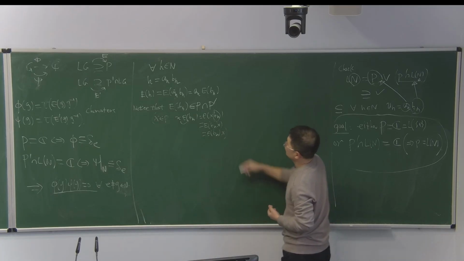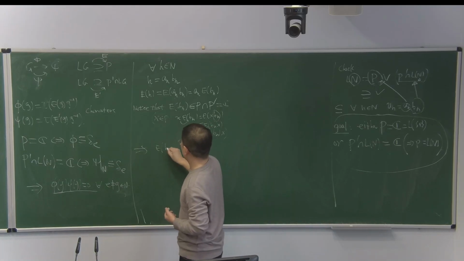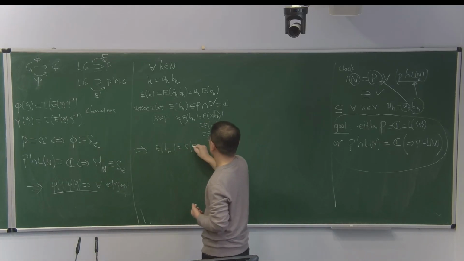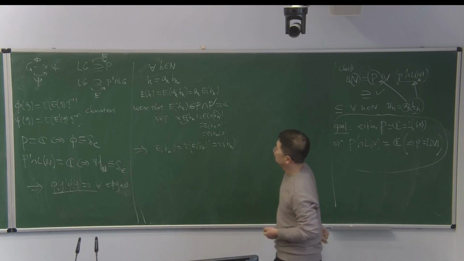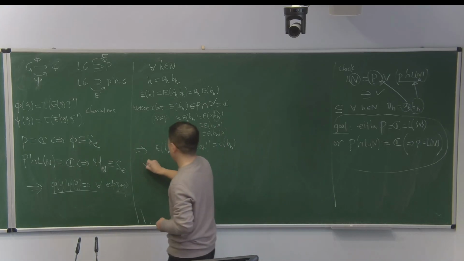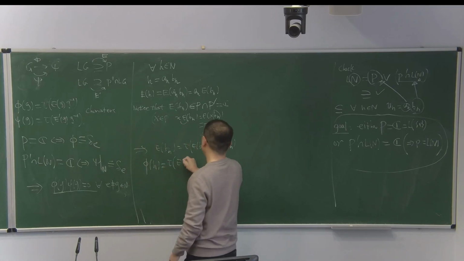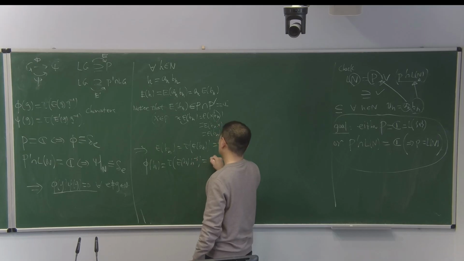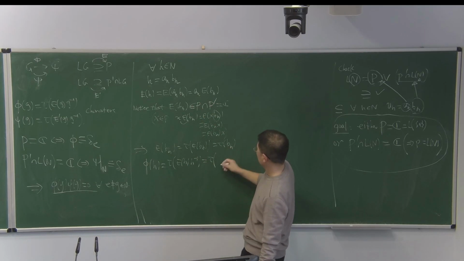So now it lies in C. So this implies E of BH equals the trace, which is tau of BH. Then we can compute phi h, which is tau of, by definition, h inverse, plug in E of h, equals AH times tau BH.